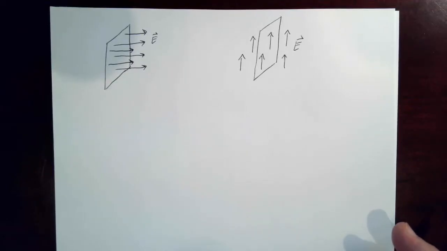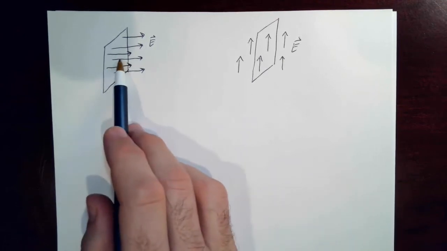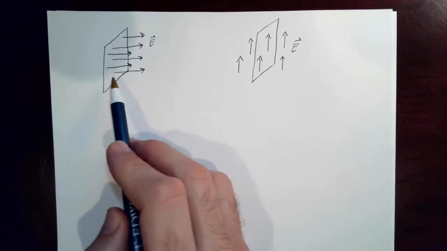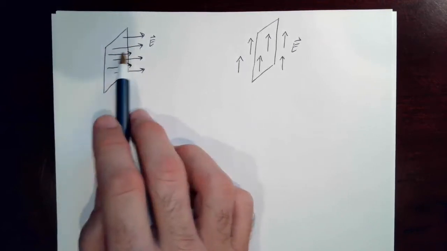Okay, and then the last piece we need to talk about to understand electric flux is the direction of the electric field. So I've drawn two examples here. Here the electric field is perpendicular to the surface, and so the electric field hits the surface flush, straight on.